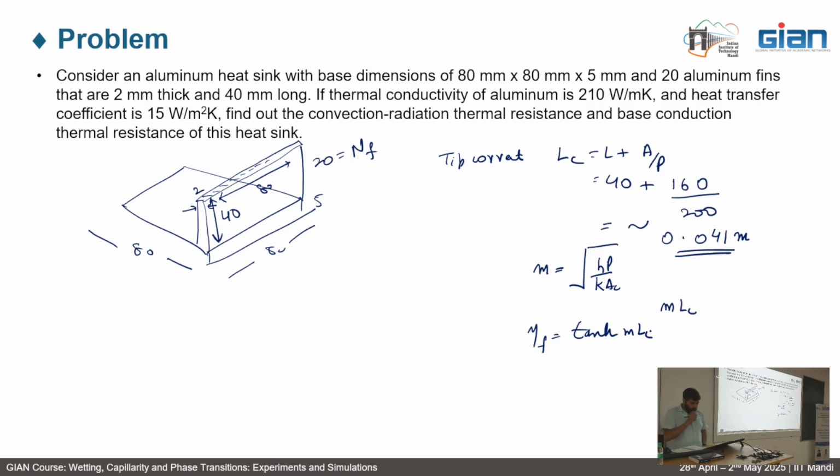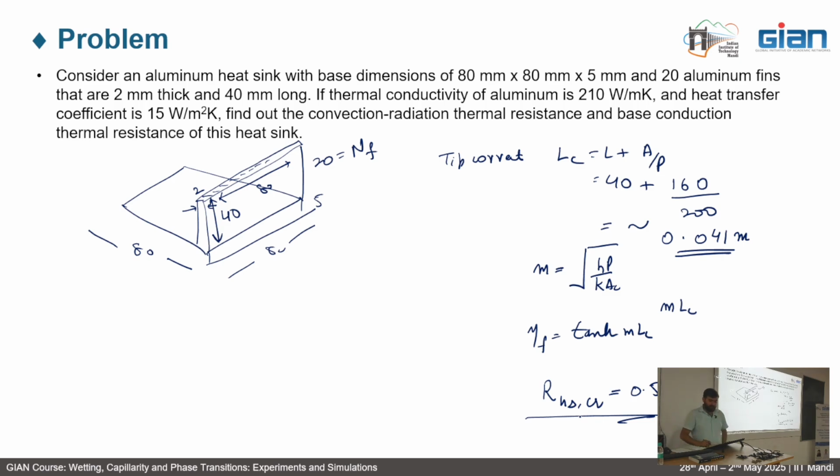So ultimately what you will find is that the thermal resistance of the heat sink because of the convection and radiation would come out to be 0.505 degree C per watt. In the last case we were not using the heat sinks, it was around 4, 2.5, 15, 8. Now it's 0.505 because we are using the heat sink.